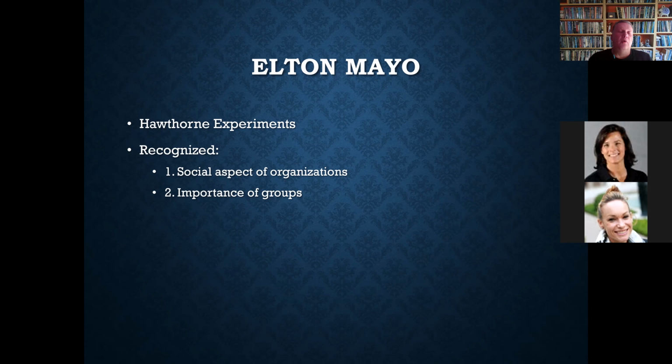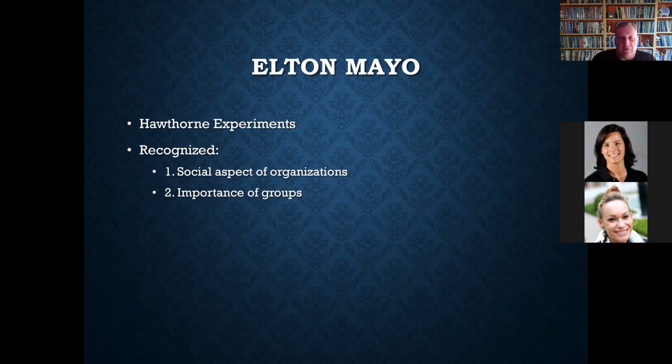But taken as a whole, the big contribution of Mayo to human relations theory is, again, the idea of people as human beings and the importance of recognizing their social needs, their needs to interact with each other, and their needs to be valued by others. And it's important to recognize those needs in order to make the organization as effective as possible.